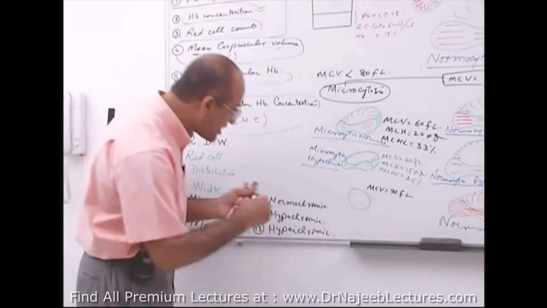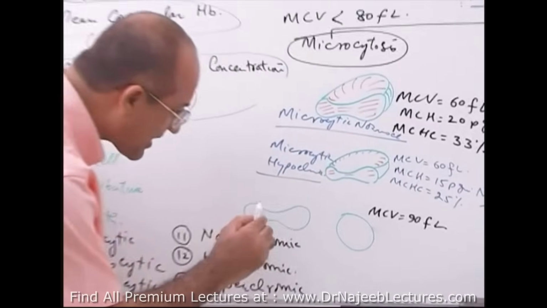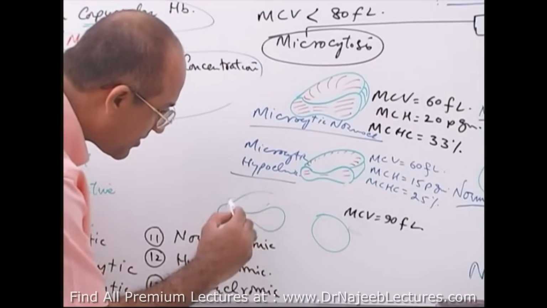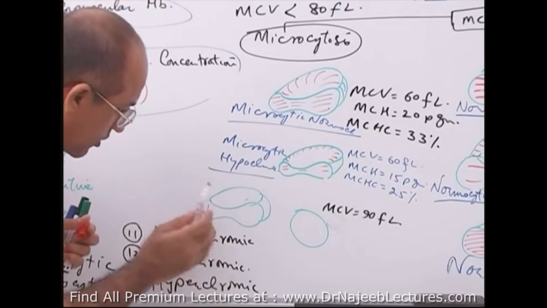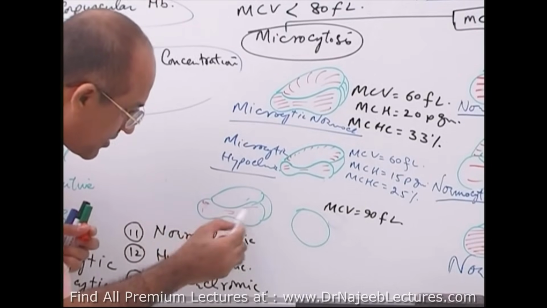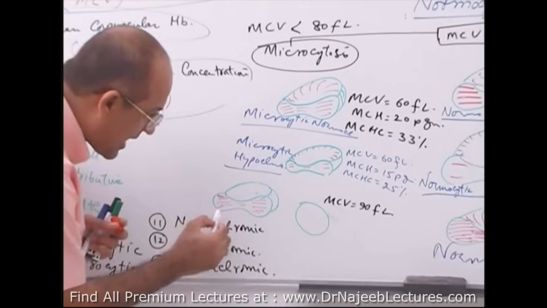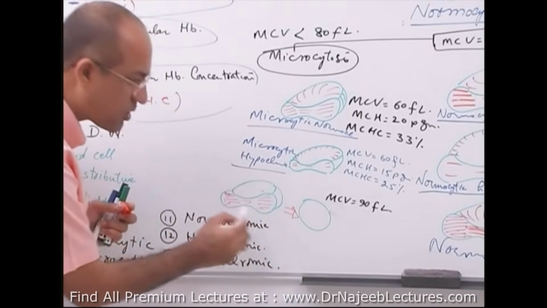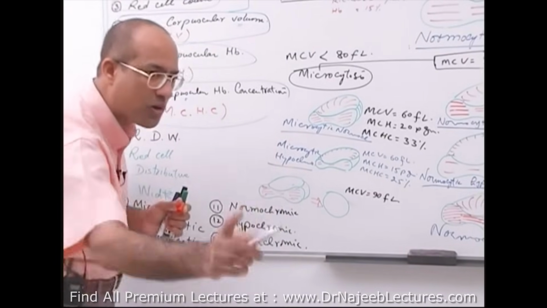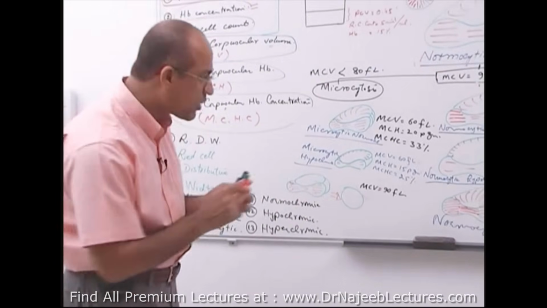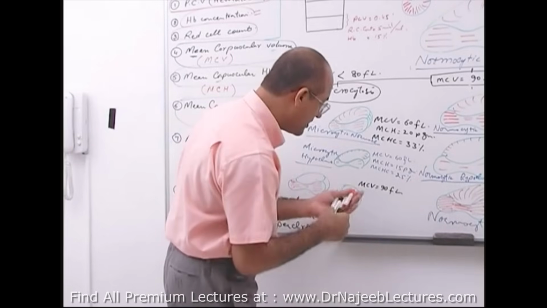That RBC which was originally like this, normal shape, and let's suppose its hemoglobin was also normal amount. As this RBC passed through the different capillaries, it lost the membrane but did not lose the hemoglobin.